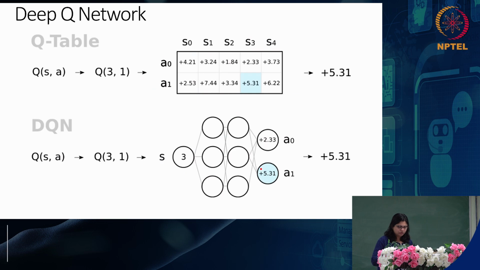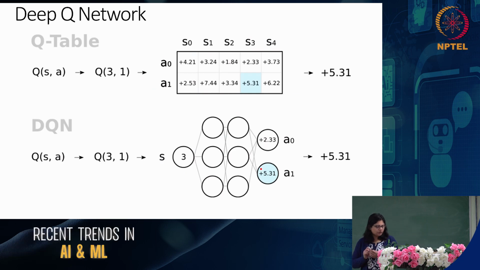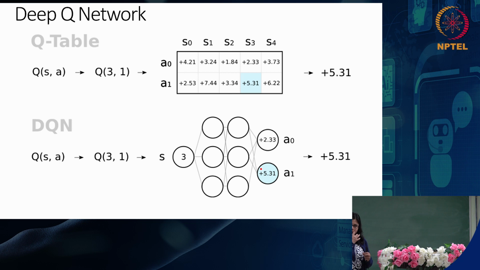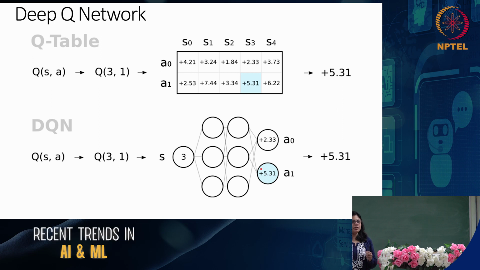Yeah, so your state is the input, and you are assuming that your neural network is approximating the Q value. I will show you. Your neural network is giving you a Q value.